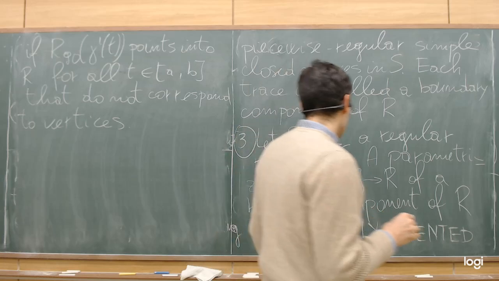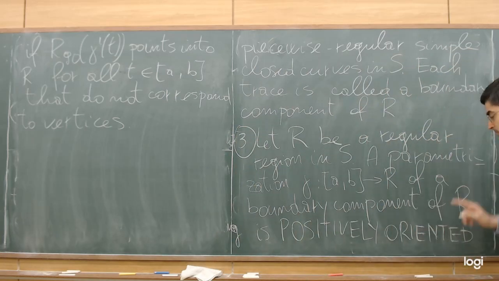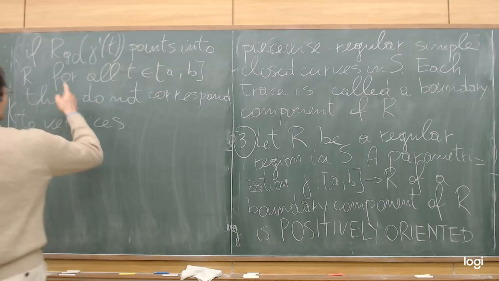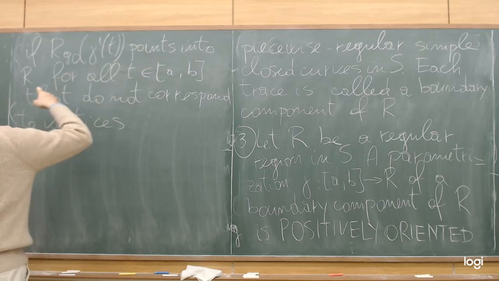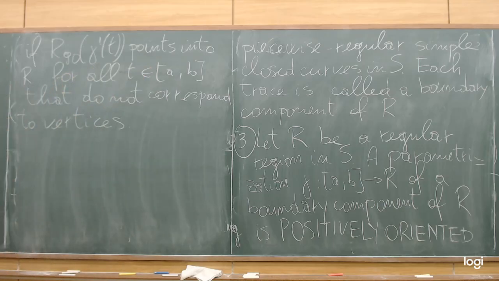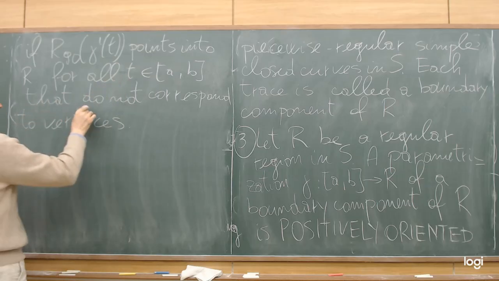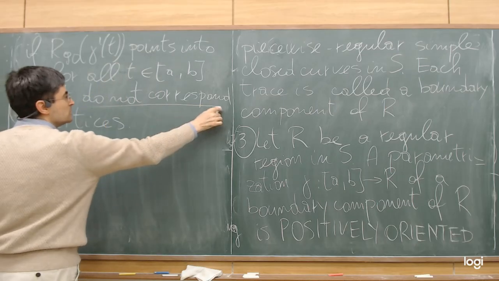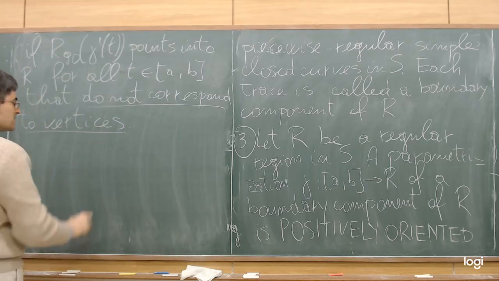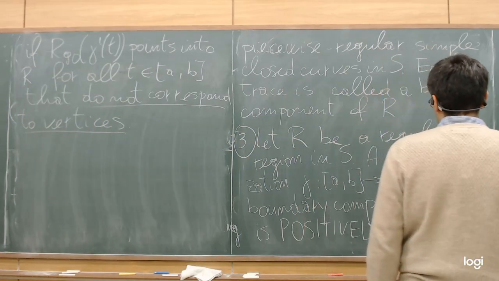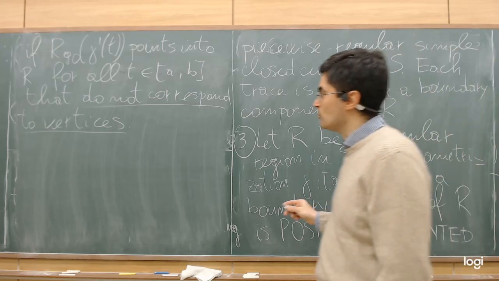We say that the parameterization is positively oriented if R90 gamma prime points into R. The reason why we write also that t must not correspond to vertices is that the boundary component is piecewise regular.